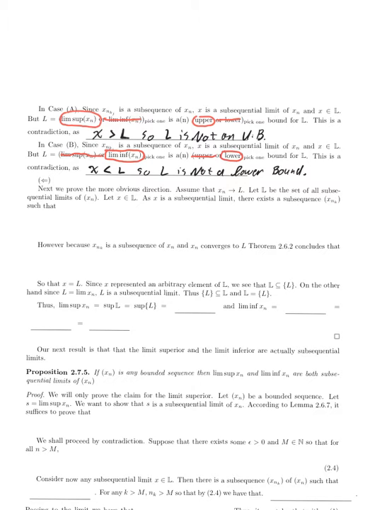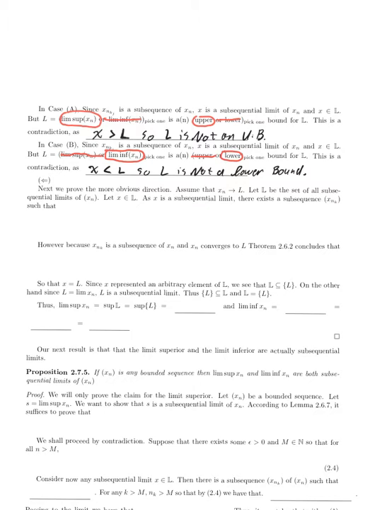Assume that x_n converges to L. Let blackboard bold L be the set of all subsequential limits of x_n. How am I going to proceed? I'm going to completely classify what the set of subsequential limits is. Maybe it's pretty believable that it's exactly just the limit of the sequence x_n, just L. So I'm going to take anything in the set of subsequential limits and prove that it's actually equal to L.